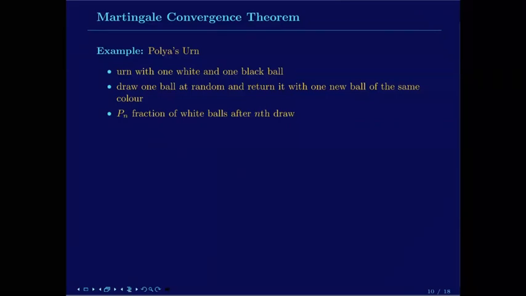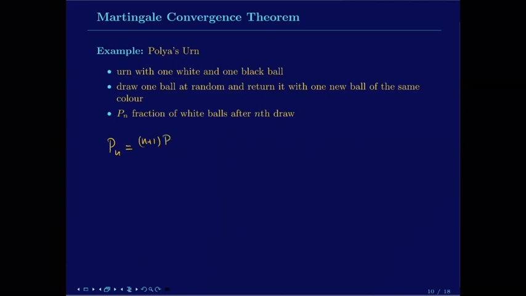So first we rewrite Pn in terms of the previous value. So it is a fraction. In the nth step, we actually have n plus 2 balls after the nth draw. So after the n minus 1 step, we have n plus 1 balls.